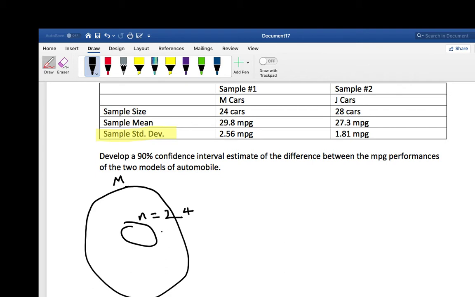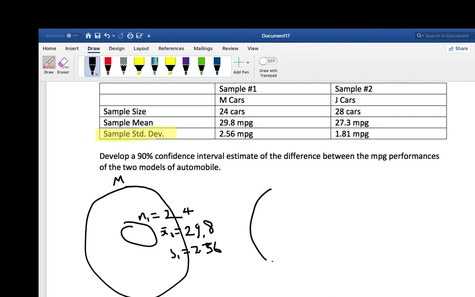The average miles per gallon, call that x1 bar, and let's call that n1 as well, is 29.8, given just above. And the sample standard deviation, call that S1, is 2.56.